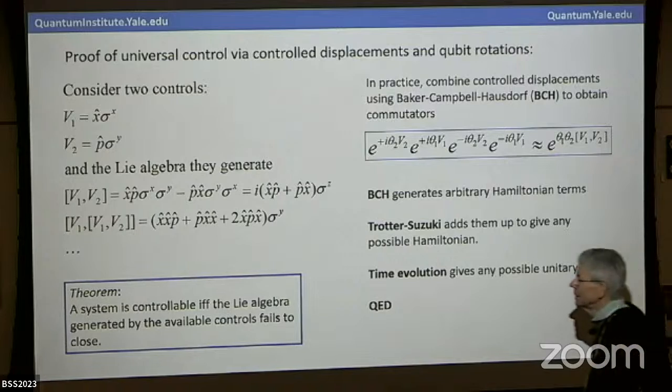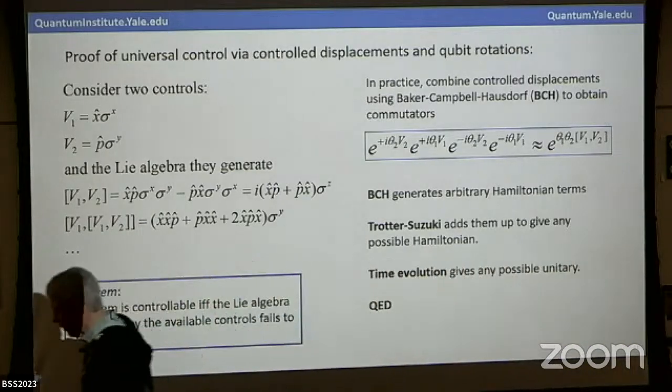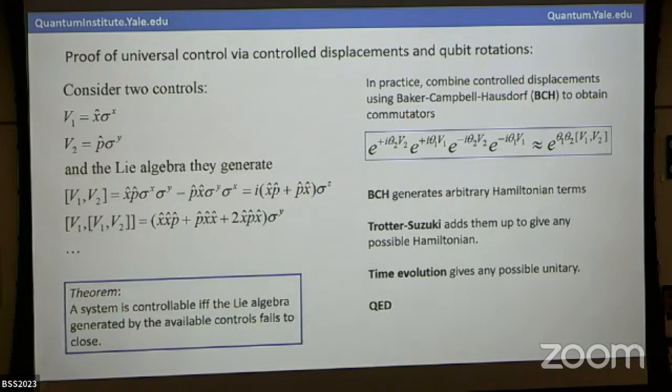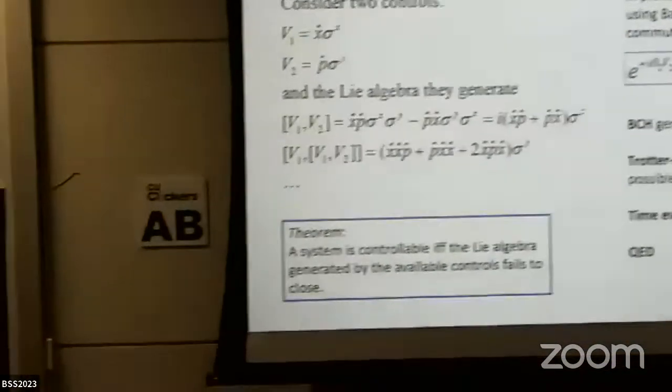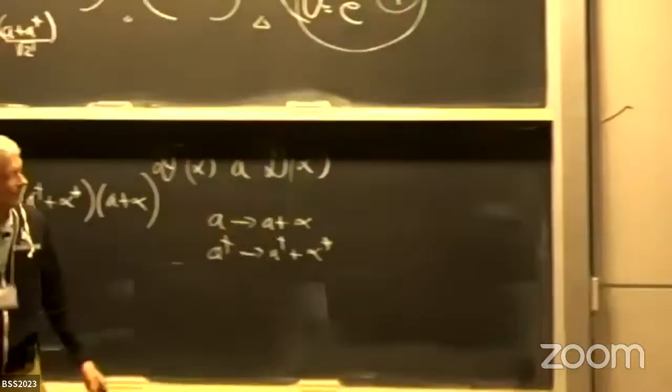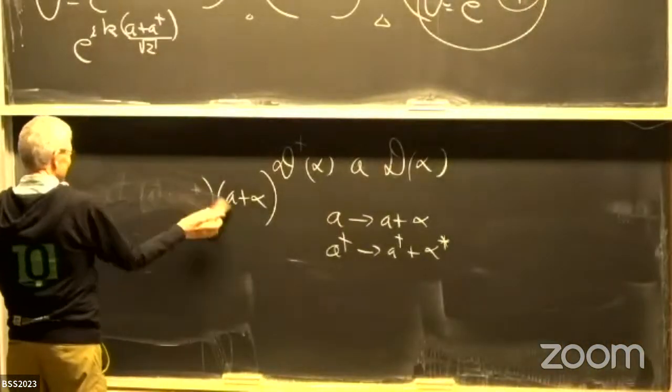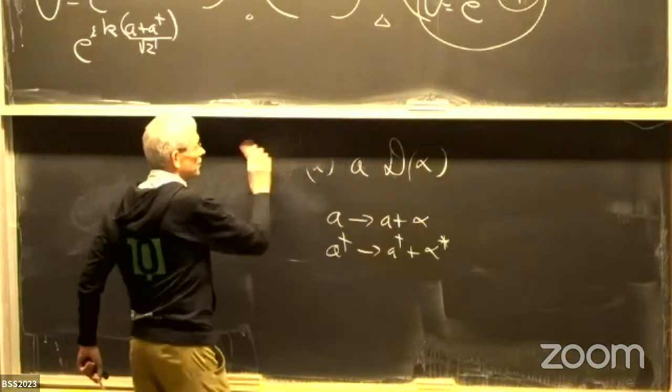Imagine that, in control theory, the thing you're controlling is called a plant, like a chemical plant, even though it might be a qubit.